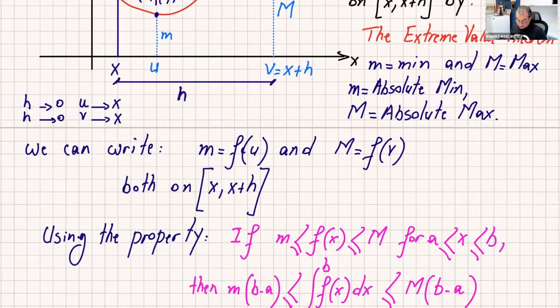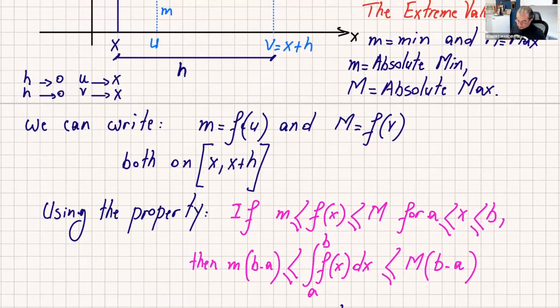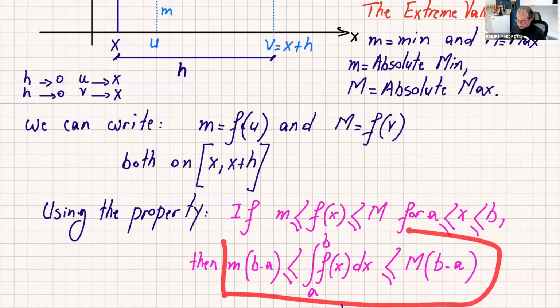Now, why do we consider the min and the max? We know from the property of estimating integrals that if our function is between little m and big M, then the integral is going to be between m times b minus a and big M times b minus a. This is one of the properties that we have seen in the previous lectures.